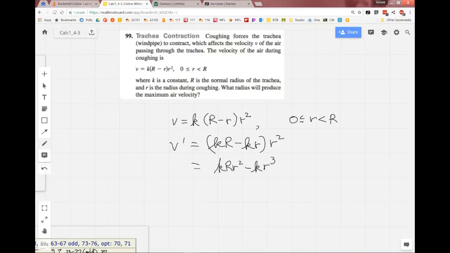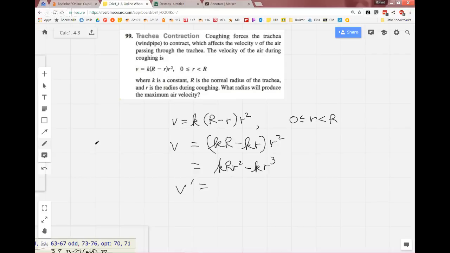Okay, so that's not the derivative. So let me change that mark there. These are just other expressions for the velocity. All right, so now let's take the derivative. Okay, k is a constant. So we've got, and really capital R is a constant too. We just don't know what it is.